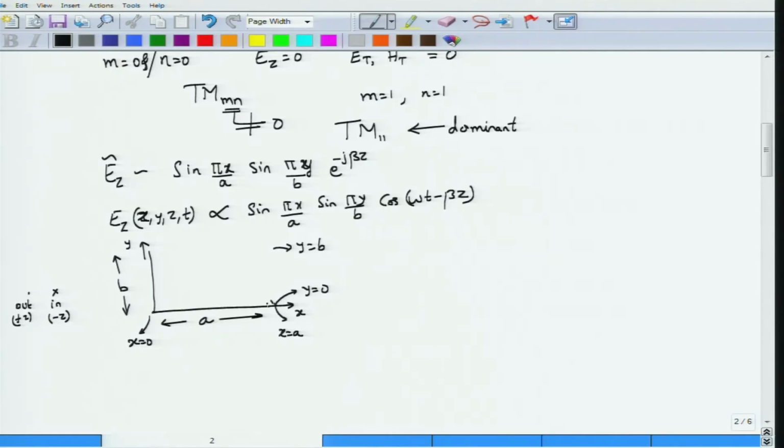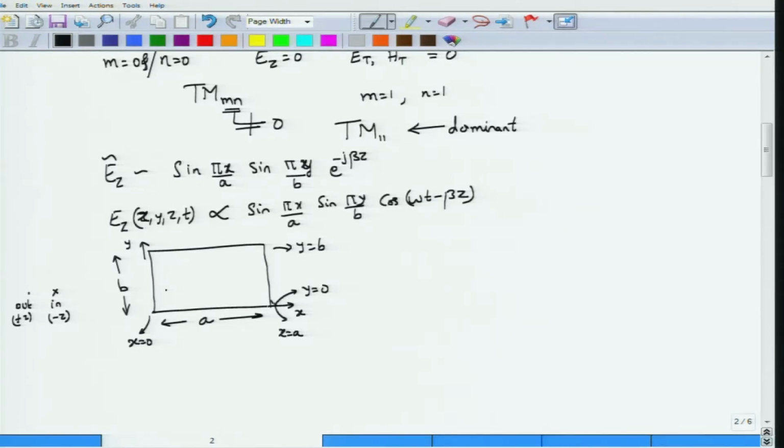So, let me write down the mode here, this is the mode, okay. So, you will have electric field component going to 0 there, and then at any point you have electric field Ez and Ey. We are trying to plot for the TM11 case, so in the center you would have a maximum electric field, and at the edges you would have a minimum electric field, right.